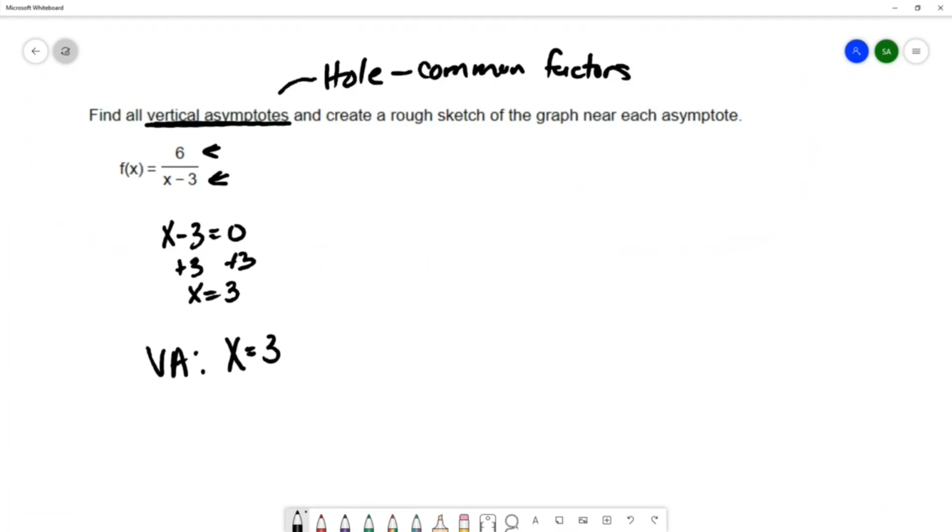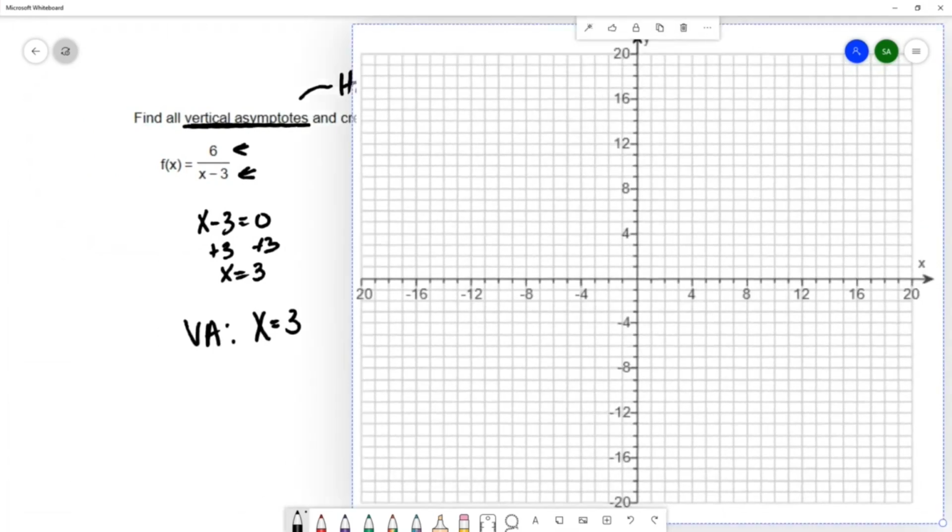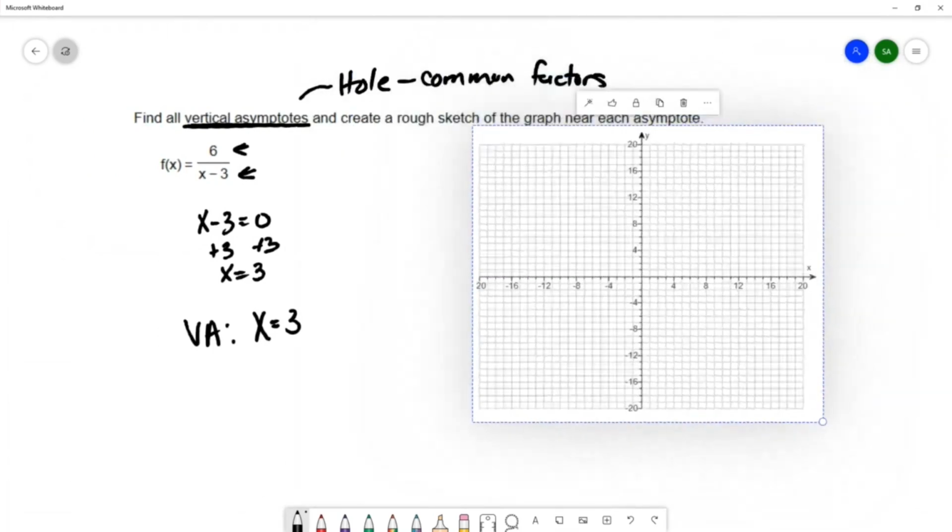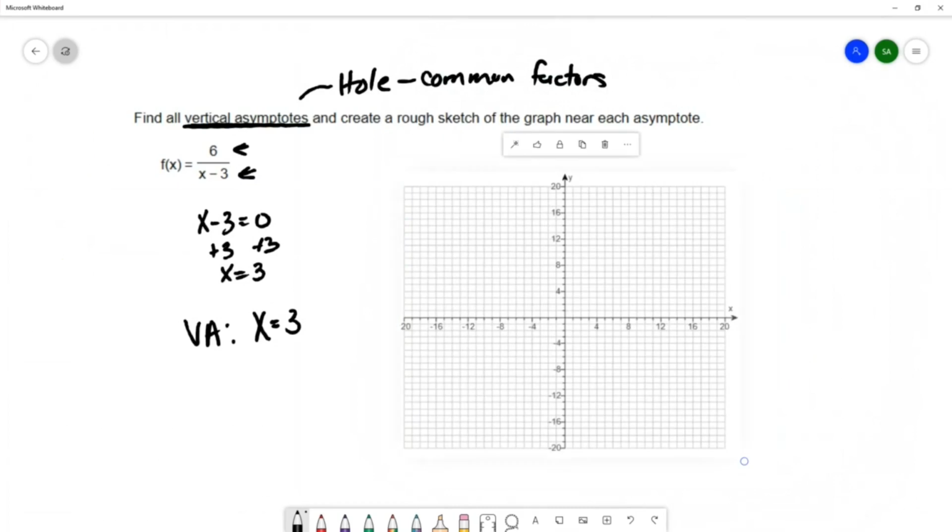Now let me draw a sketch of a graph. Let me make that a little bit smaller. And at x equals 3, we draw a vertical dashed line.